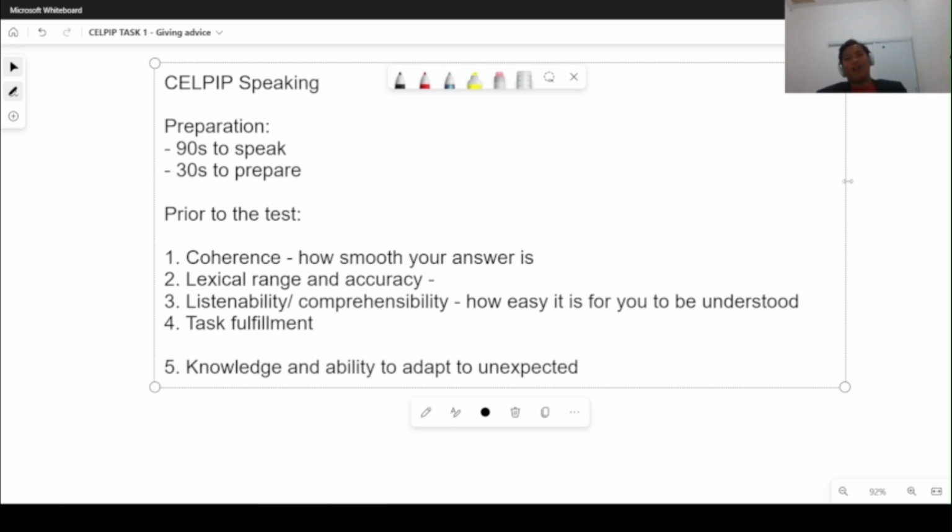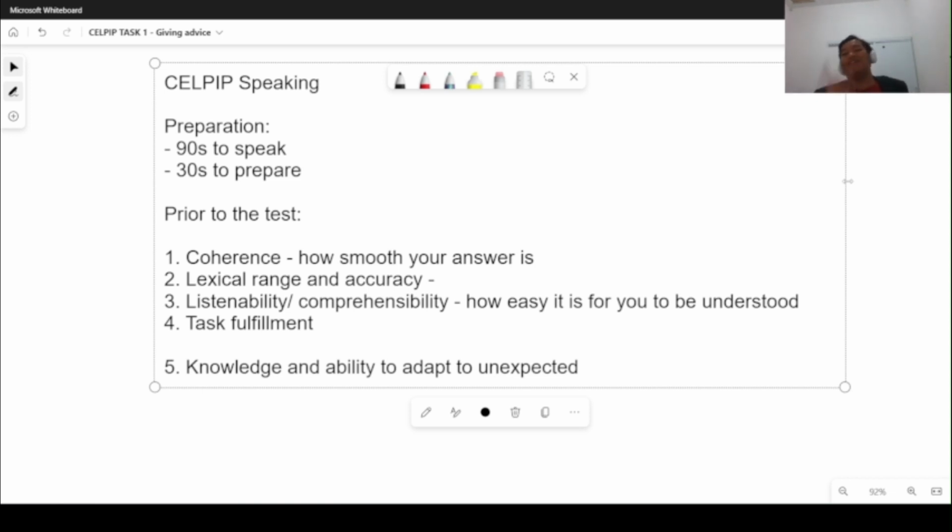Because if your grammar is all spot on and you do show a good range, then it's like when you're reading a book, it just flows. You don't want to stop because it's nice to read and everything sticks inside your head, right? You can fully grasp the definition, the essence of the sentences, the different vocabulary, etc. So that's listenability and comprehensibility.